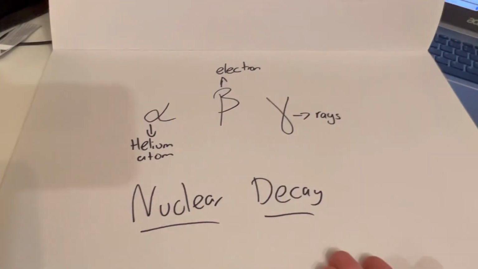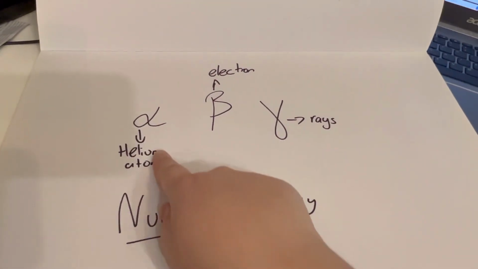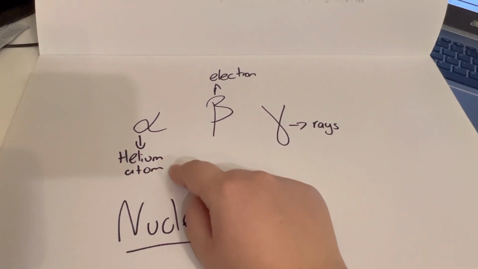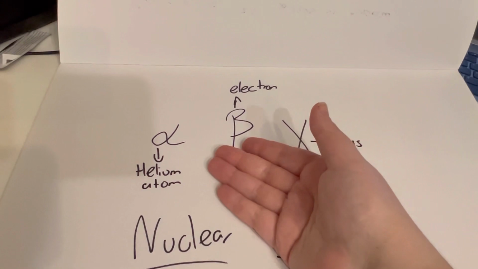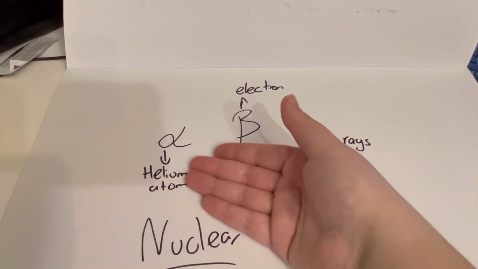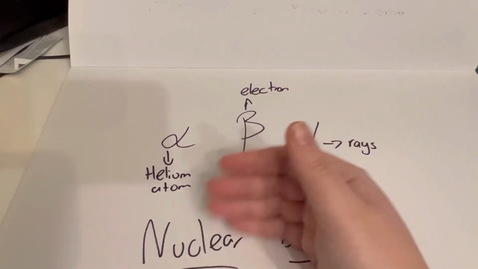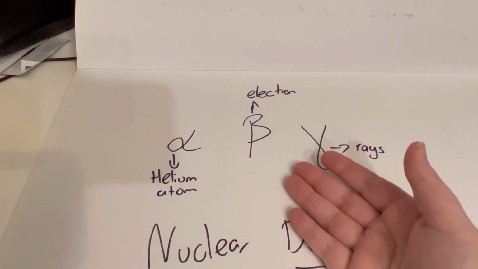You also need to remember your nuclear decay. This is a very simple breakdown of nuclear decay. Alpha decay is basically the release of a helium atom. When that happens you lose 2 protons and 2 neutrons, so you get a new element forming. Say you had aluminium that went through alpha decay, you'd end up with silicon instead.